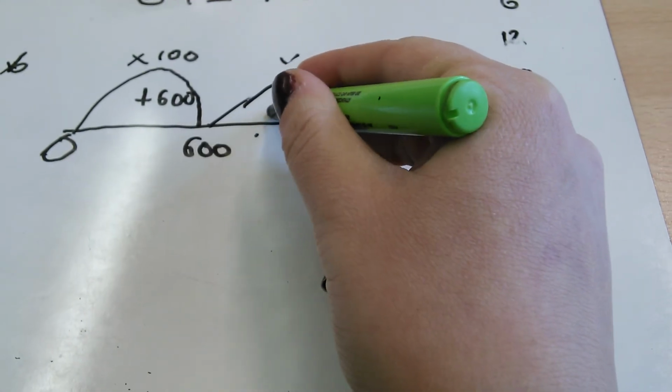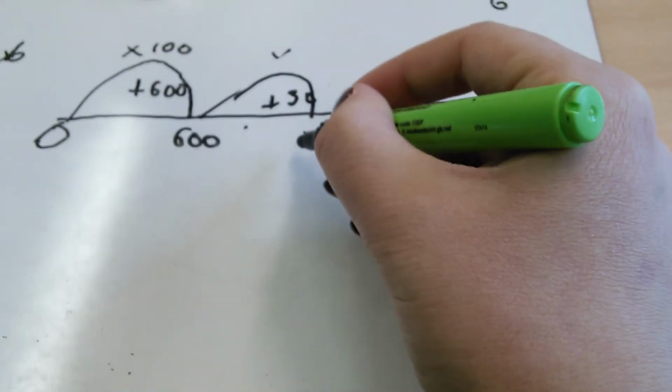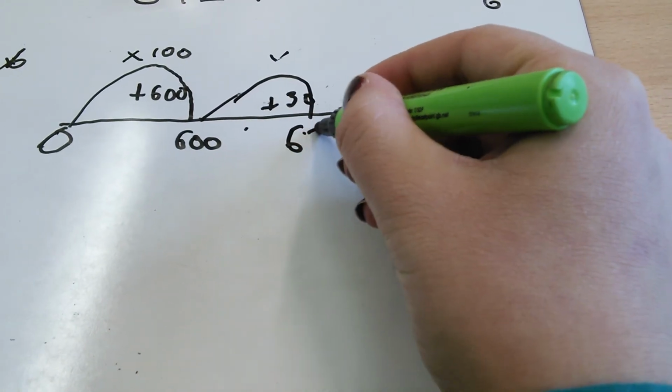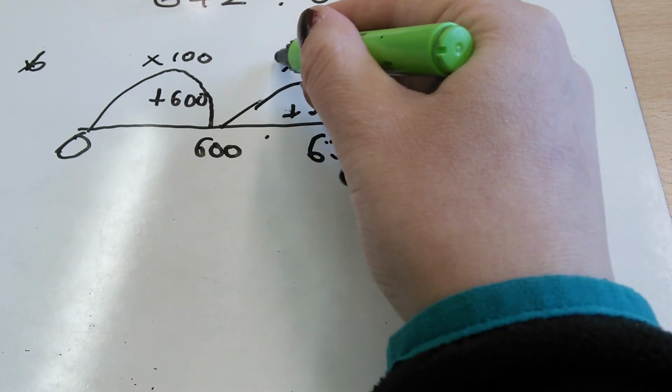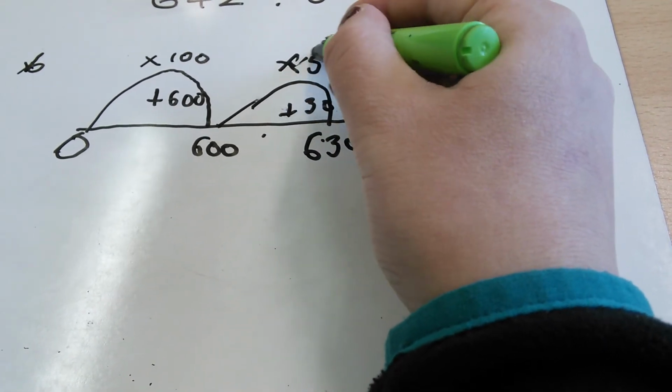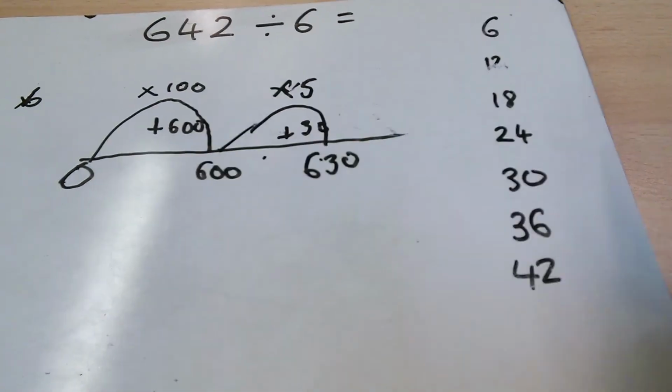So I could have added 30. So that would be 630. And 30 is definitely 5 lots of 6. 1, 2, 3, 4, 5. 5 lots of 6. Good.